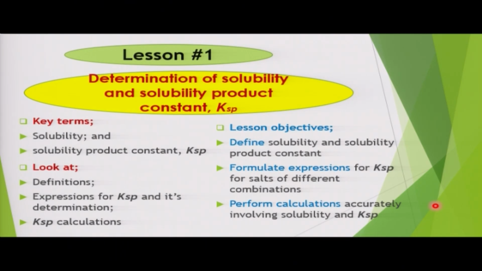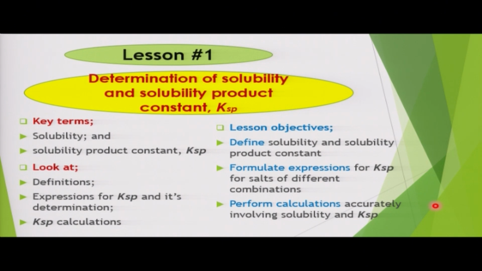When I talk of different combinations, I mean, like, sodium chloride has the valence of 1,1. If you look at calcium hydroxide, we have calcium with positive 2. That would be different. For instance, aluminium hydroxide, with aluminium having positive 3. When they combine with the OH, they give different ratios.